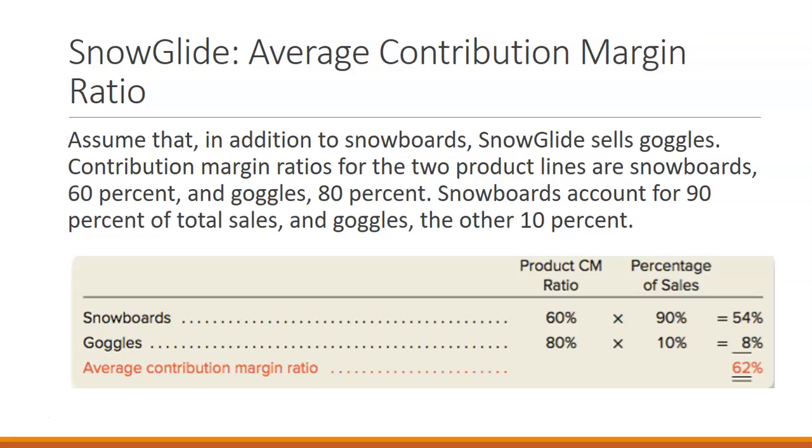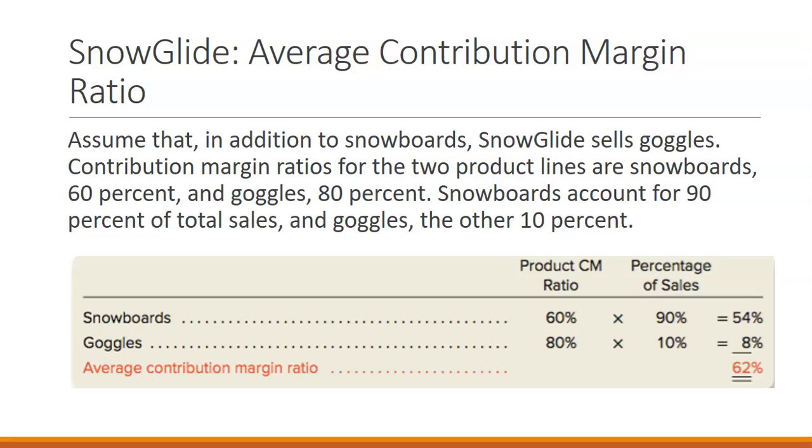So we're going to assume that in addition to snowboards, we also sell goggles. The contribution margin for snowboards is 60%. The contribution margin for goggles is 80%. 90% of our sales is snowboards and 10% of our sales are goggles.